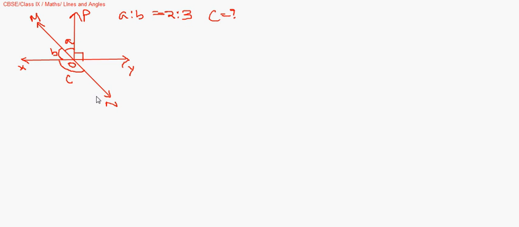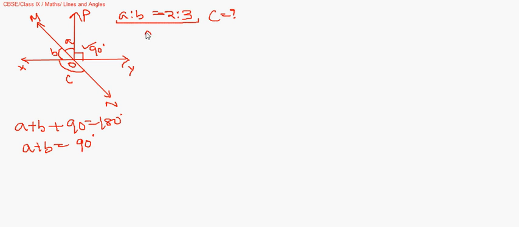Now if you see, if this part is 90, that means X or Y being a straight line, angle B plus angle A plus 90 degrees should be 180 degrees. So A plus B will be 180 minus 90, that gives us 90. Now as it was given A is to B is 2 is to 3, we assume A to be 2x and B to be 3x.